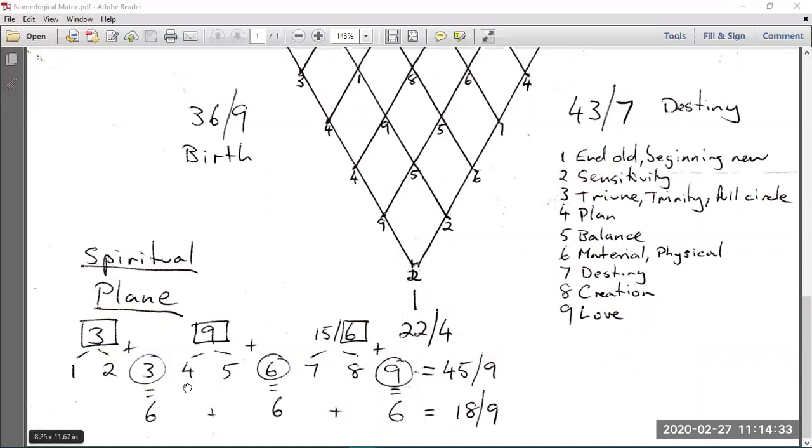Tesla spoke about the threes of everything, multiples of threes. So here we have 1 through to number 9, 45, 9. Now, if we isolate the threes and have a look at what's left over, 1 and 2 equals 3, 4 and 5 equals 9, 7 and 8 equals 15, 1 and 5 is 6.